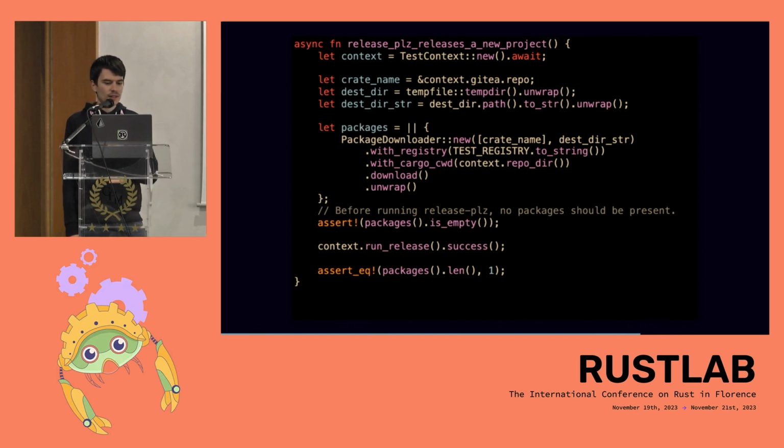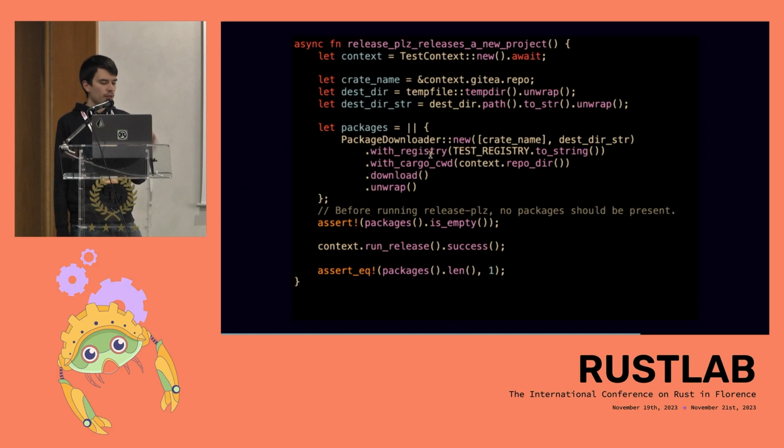So the first test tests that Release-plz is able to release a new project in a cargo registry. So I have this package downloader where I try to download a certain crate by using a test registry.